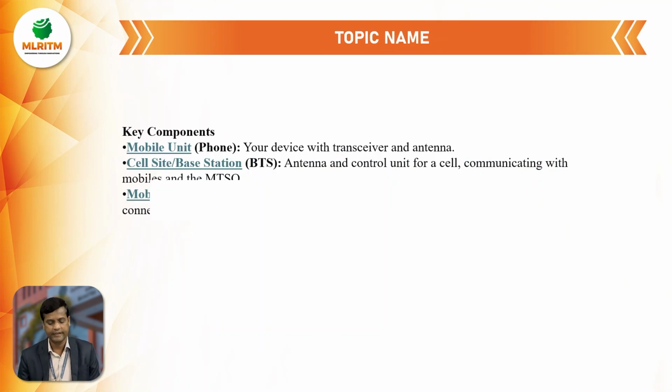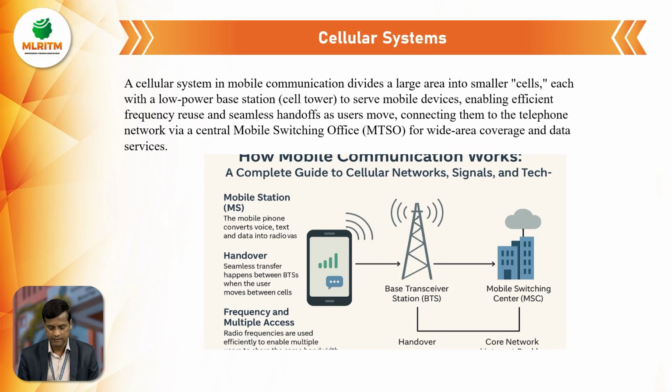Next, coming to the key components of cellular systems. First one is the mobile unit, and the next is the cell site. The mobile unit is your device with the transceiver and antenna. Cell site BTS: the full form of BTS is base transceiver station, right?